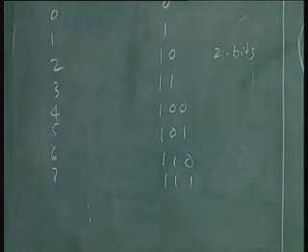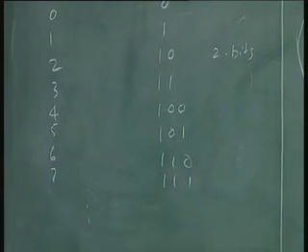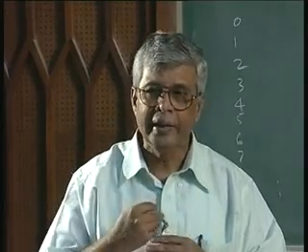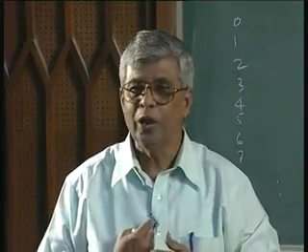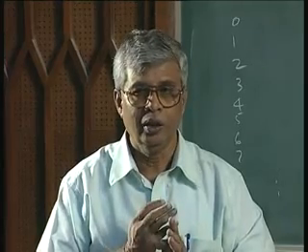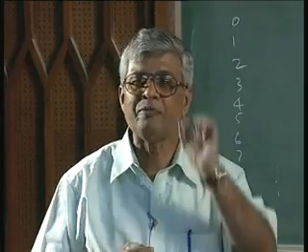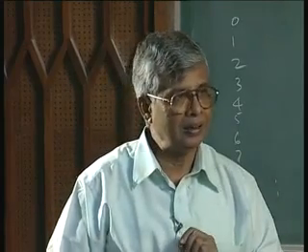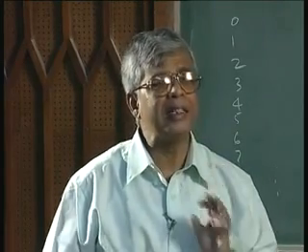So depending on how many discrete values I want my parameter to take in the given range of 0 to 5 volts, I can define the number of bits I will use to represent that number. That's all. I can decide on the number of bits, but still it is discrete.